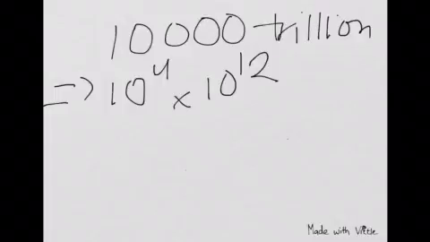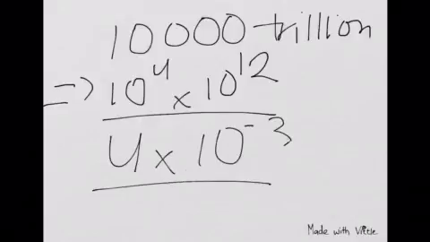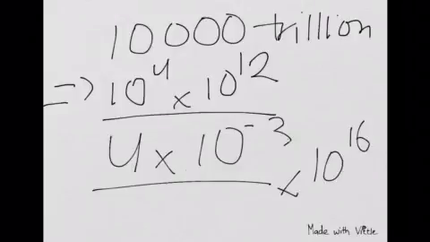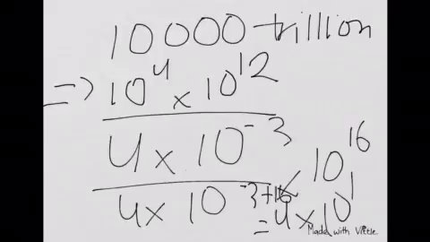Then we take 4 times 10 to the power of -3 as solved last time, and multiply by 10 to the power of 16, which means 4 times 10 to the power of -3 plus 16 equals 4 times 10 to the power of 13.